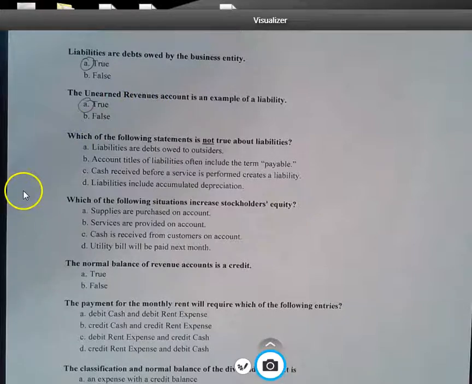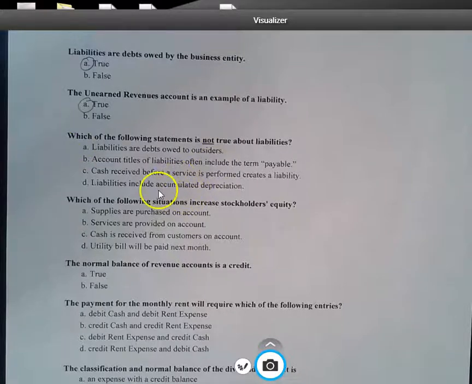Choice D, liabilities include accumulated depreciation. All right. We don't know what accumulated depreciation is yet. If you do know, then you know that accumulated depreciation is not a liability.